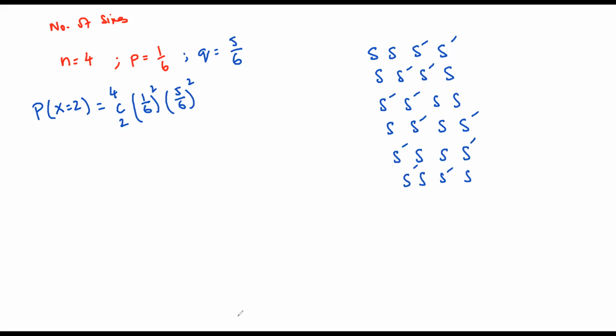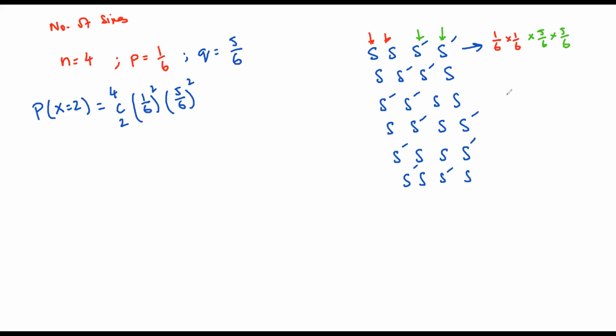So these are the total possibilities. Now look at this, each one of them will have the probability like this: 1 over 6 times 1 over 6, and then you have times 5 over 6 times 5 over 6. Since you have the not-6 twice here, you have 5 over 6 twice, and you have the 6 twice, so 1 over 6 twice.